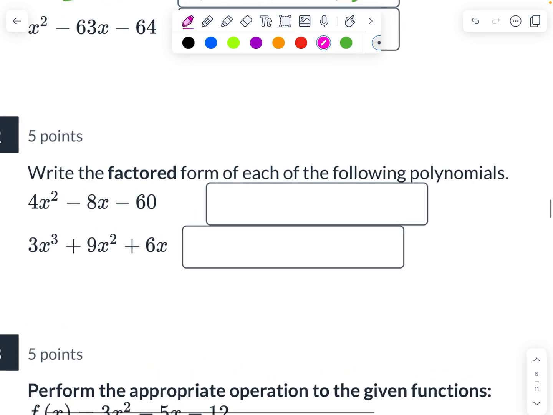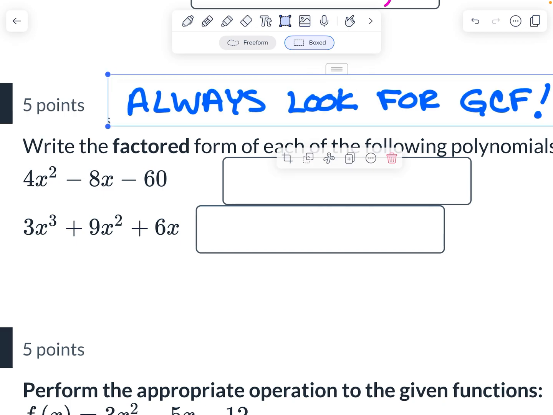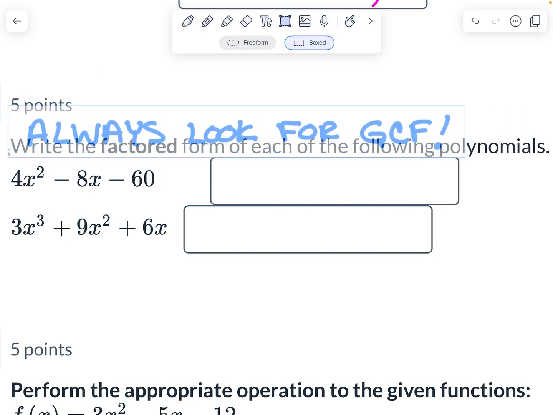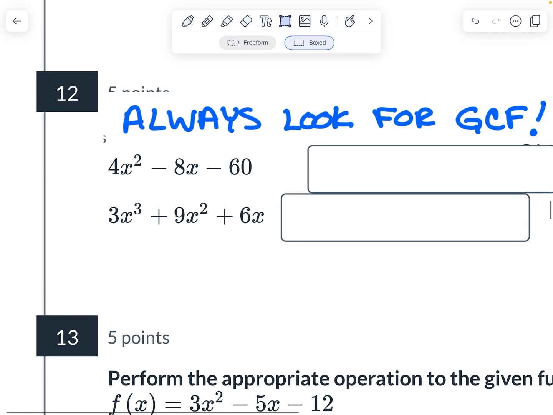Moving on. Okay, when we go to do these, before you do anything else, you are always supposed to look for a greatest common factor. And in the first one, which I think I'm using the green for, this is divisible by 4, and this is divisible by 4, and this is divisible by 4.